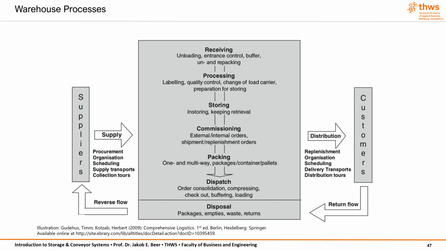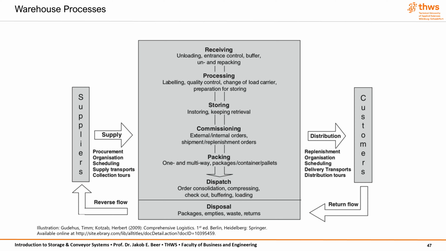A pharmaceutical distribution center will have different receiving and quality control processes than a consumer electronics fulfillment center. There is no one-size-fits-all design. Every warehouse must balance space, time, cost, service, and flexibility. And the way the internal processes are designed is key to achieving that balance.